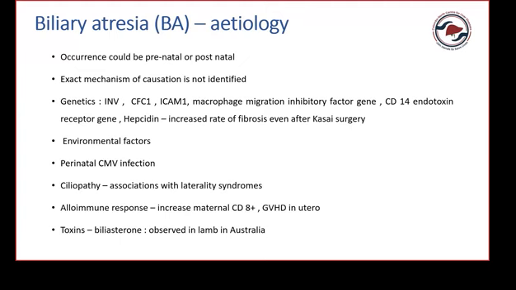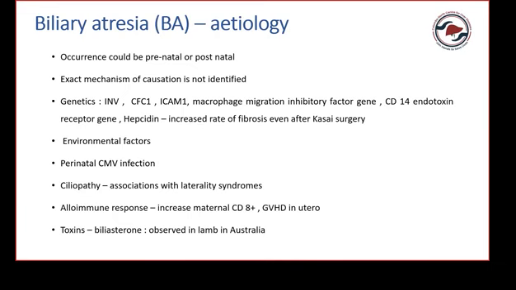There are many genetic factors and genes postulated in the etiopathogenesis of biliary atresia. However, they are not very much proven. Environmental factors do play a role, including perinatal cytomegalovirus infection.